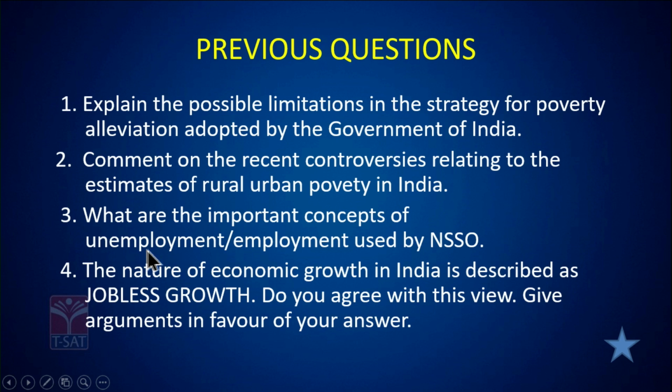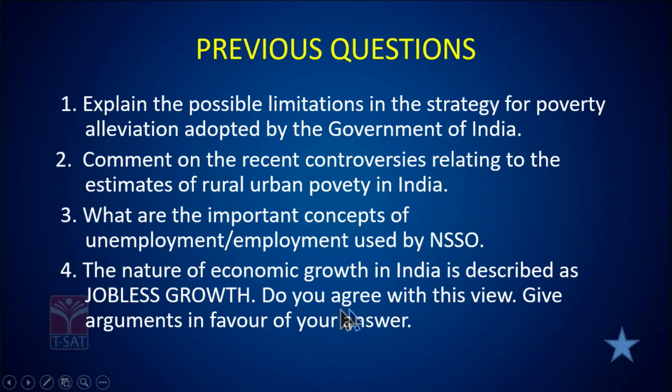Important concepts of unemployment and employment used by the National Sample Survey Organization, that is, how NSSO computes unemployment on a weekly basis, fortnightly basis, quarterly basis, and daily basis. The nature of economic growth in India is described as jobless growth. Do you agree with this view? Give arguments in favor of your answer.